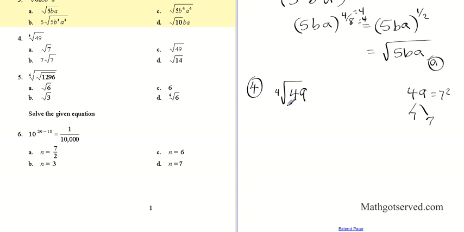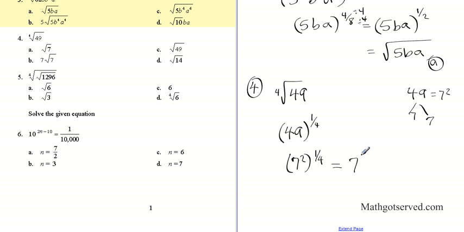Before I can do that, let me also change my radical into a rational exponent. If I express this radical as a rational exponent, it's going to be 49 raised to the 1/4. Now, expressing 49 as a power, I'm going to write it as 7 squared raised to the 1/4. And using the power with power property, I'll multiply the powers.